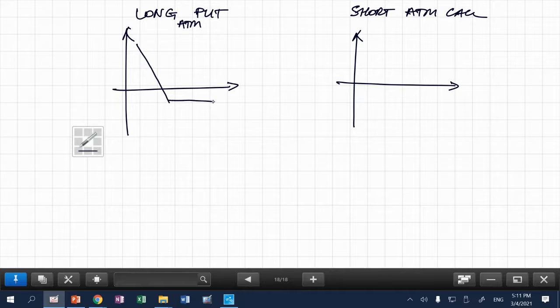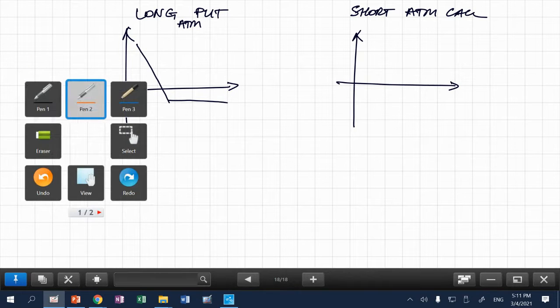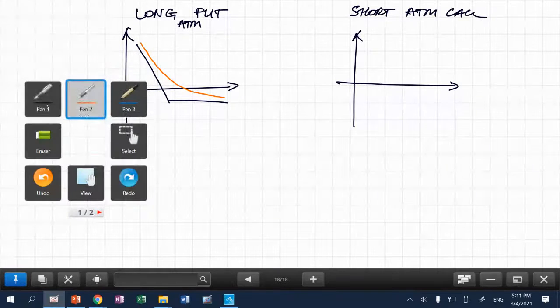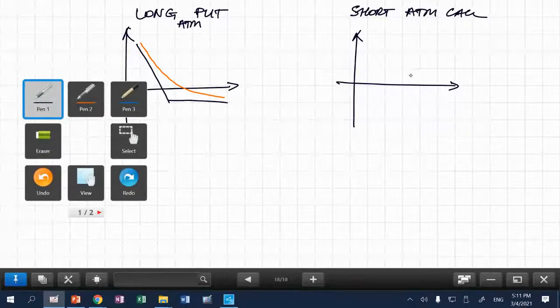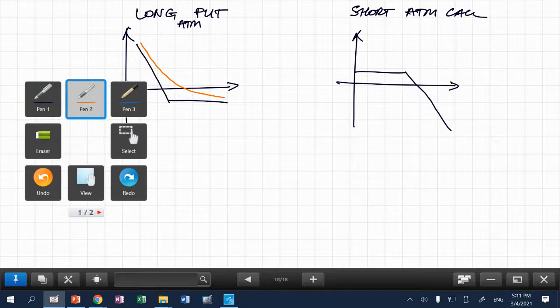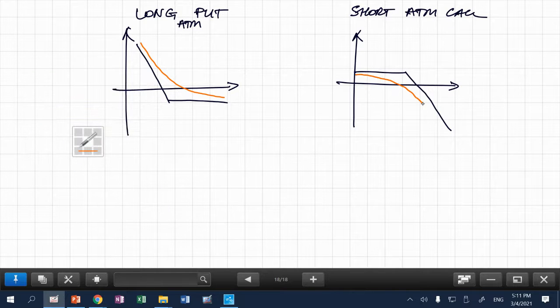This would be the profile of a long put, and this would be the curve. If you consider the case of a short call, you have this type of profile and this type of curve.